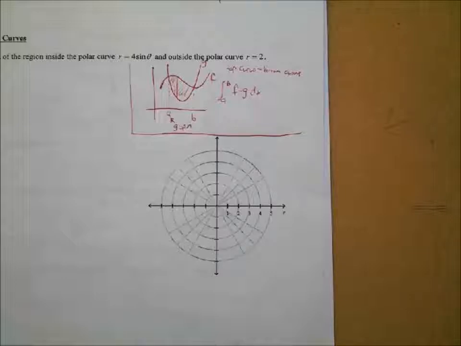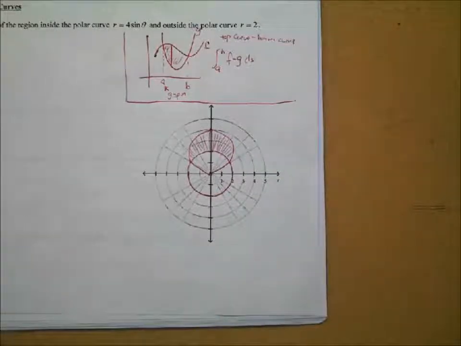So again, make sure you're identifying the region that is both inside 4 sine theta, but also outside the polar curve r equals 2. So inside r equals 4 sine theta, and then outside r equals 2. Okay. And so hopefully you got a graph that looks something like this. I went ahead and shaded the region that we're using.